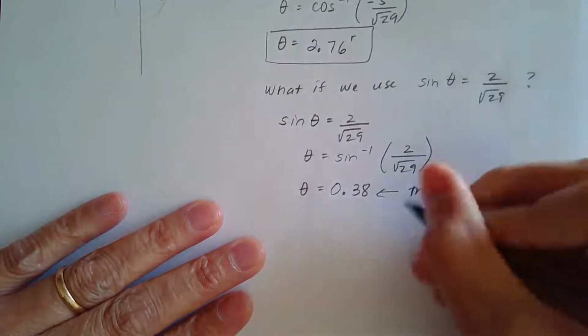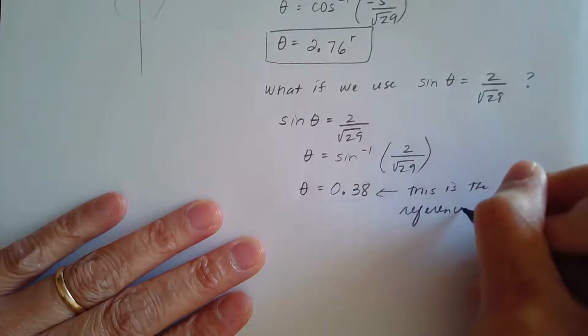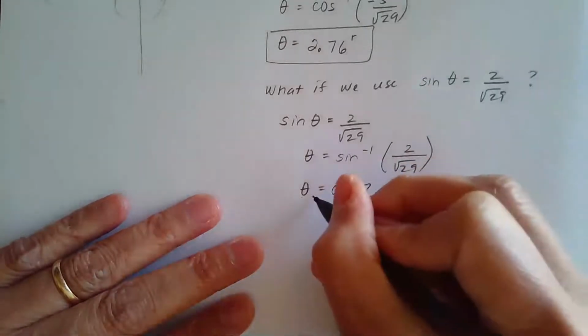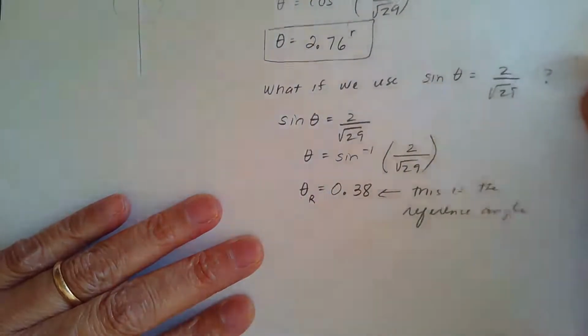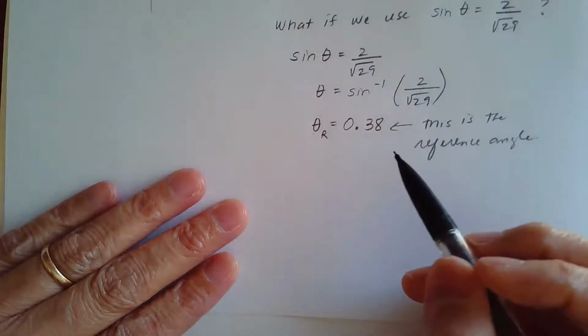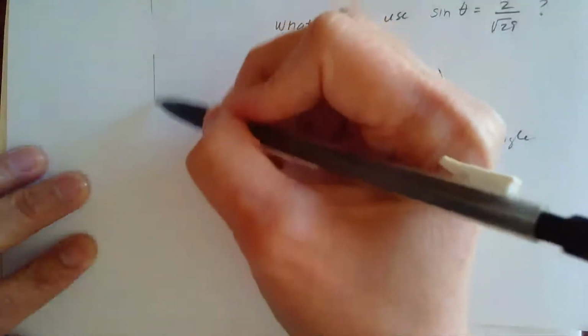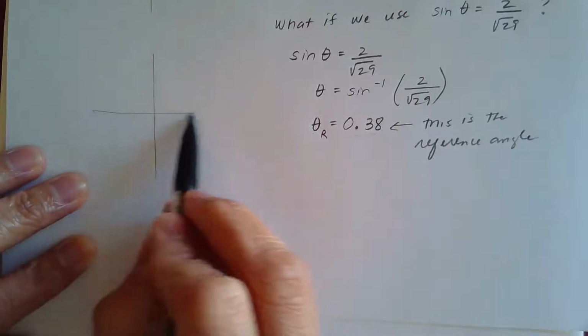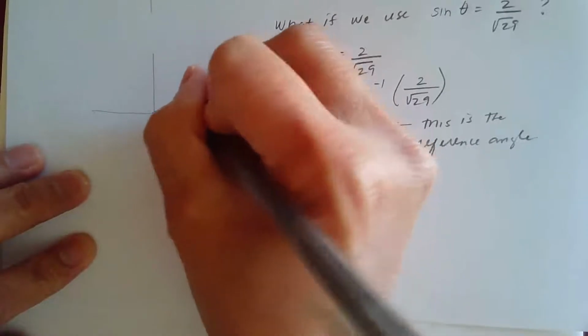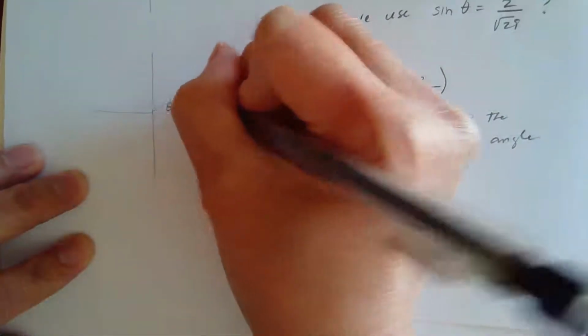So that's actually not the theta, it's a reference angle. The calculator thought that we are in quadrant 1, and this is the reference angle that got calculated, 0.38.